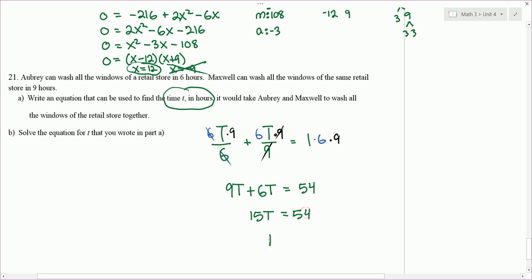Divide by 15, and the time is 54 divided by 15, which we could reduce. You could divide both by 3. 3 goes into 54 18 times. 3 goes into 15 5 times.